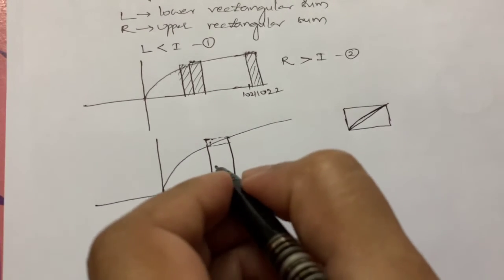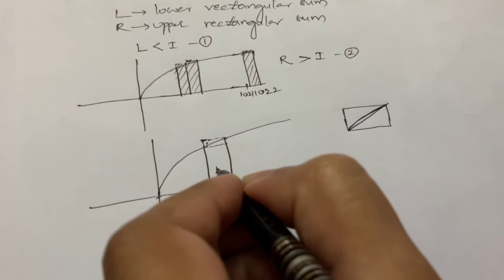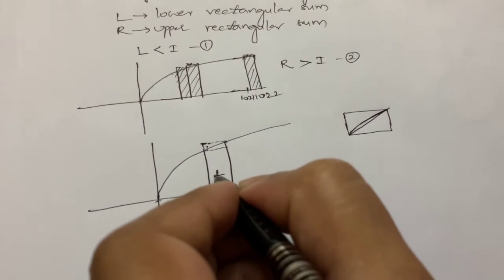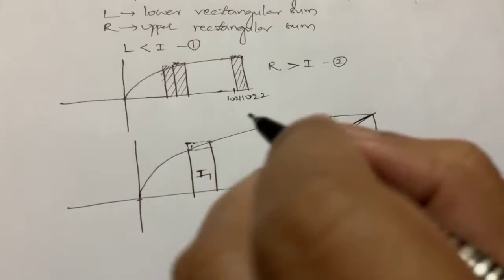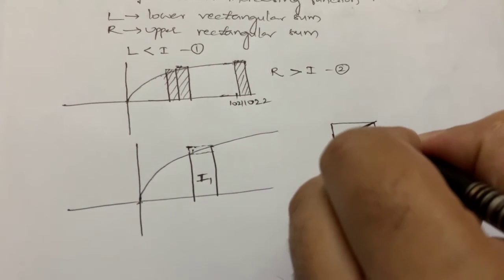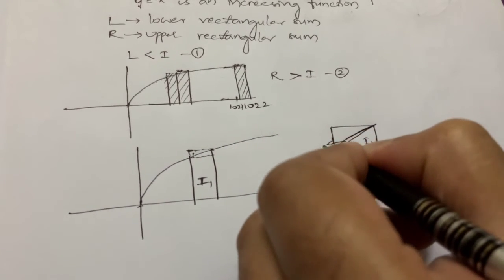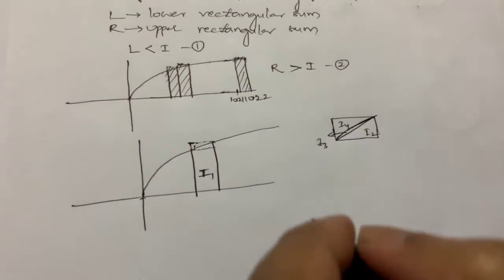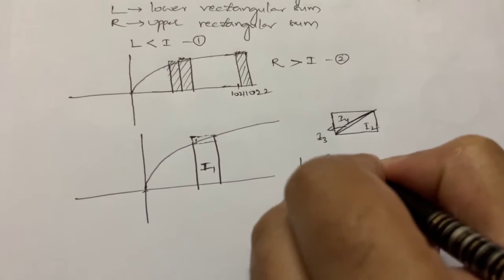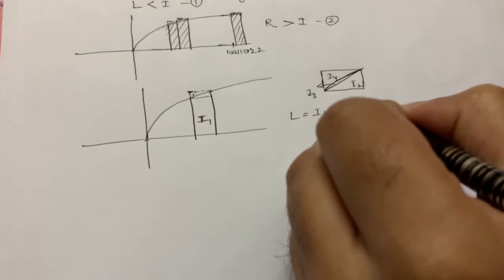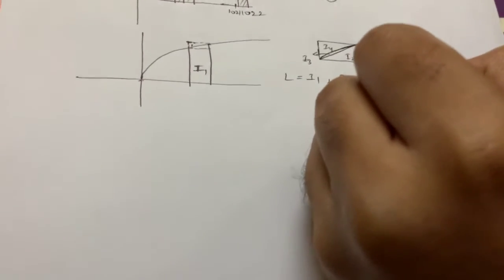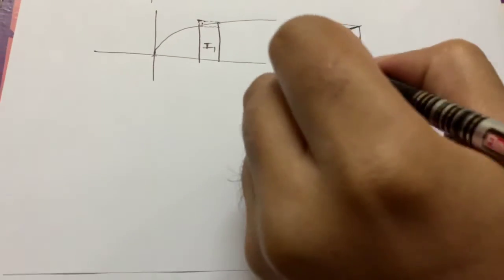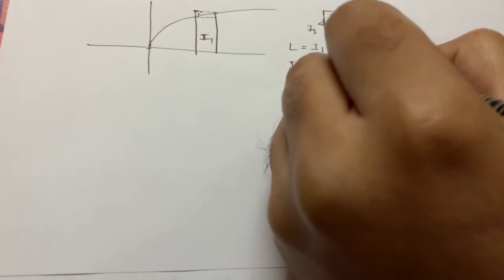Okay. Now, let us say this is L, right? Let us consider this I1 for the time being, this as I2, this small portion as I3, this as I4. So, L is clearly I1 and R is I1 plus I2 plus I3 plus I4, where I is equal to I1 plus I2 plus I3.